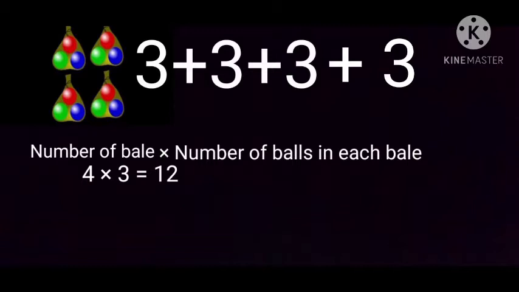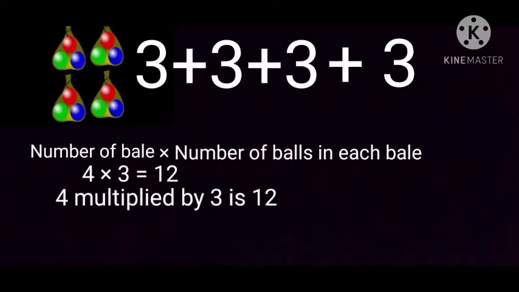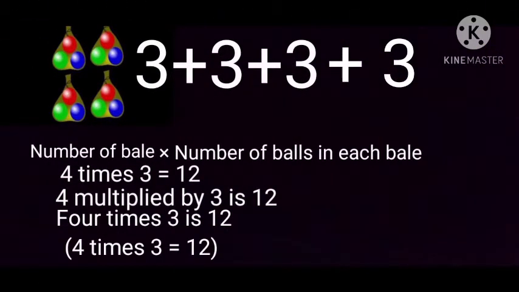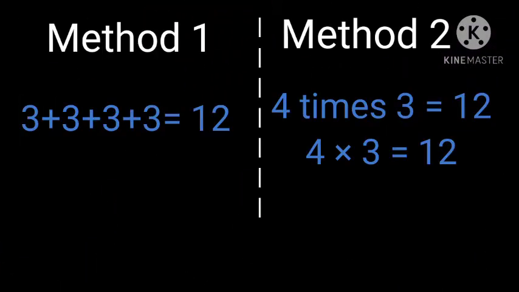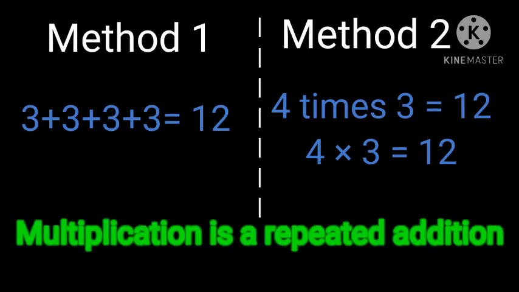It can be read as 4 multiplied by 3 is 12, or 4 times 3 is 12, or 4 3s are 12. When we compare both the methods, we can see multiplication is a repeated addition.